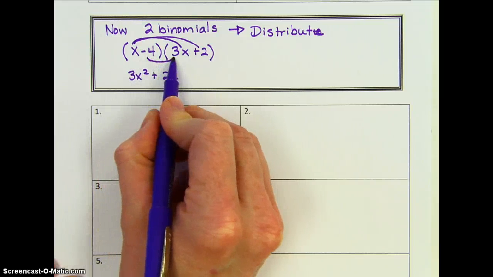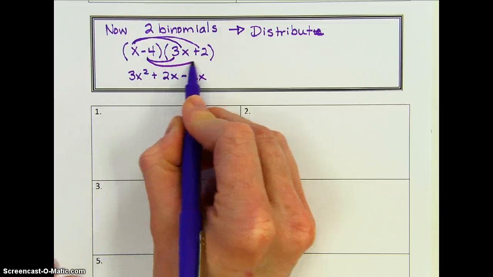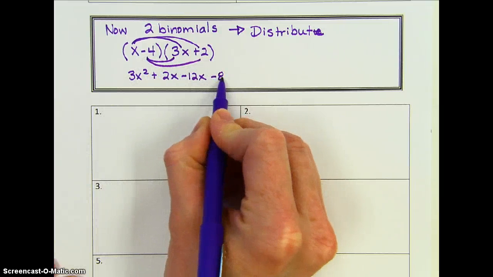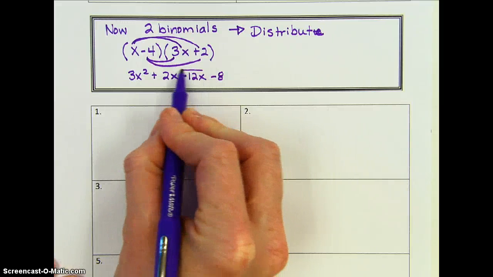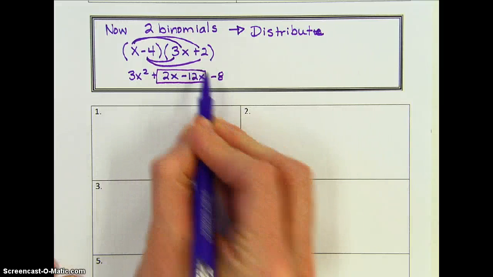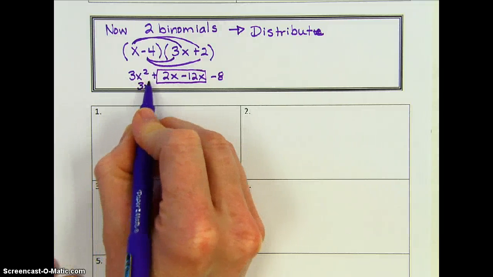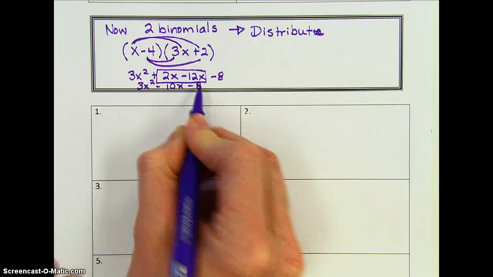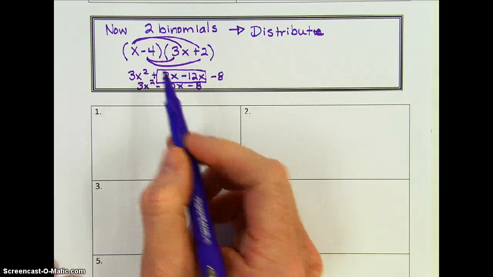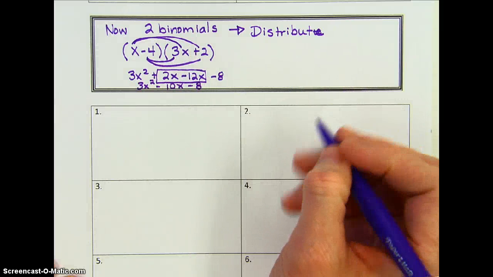You distribute the negative 4 to get negative 12x, and then you distribute and get negative 8. Now, if you'll notice, the middle terms are like terms. We can condense those and get 3x squared minus 10x minus 8. So if you have two binomials, it's still the distributive property.